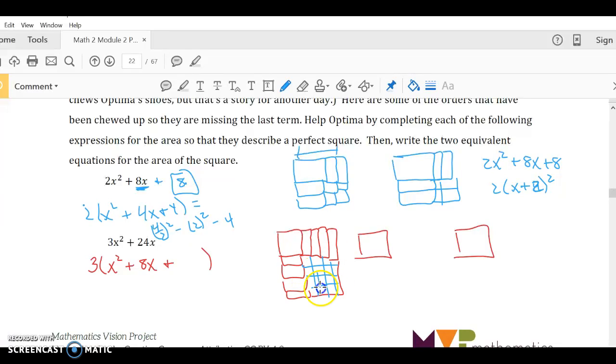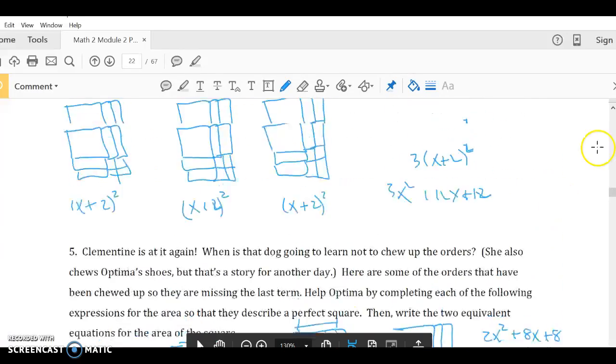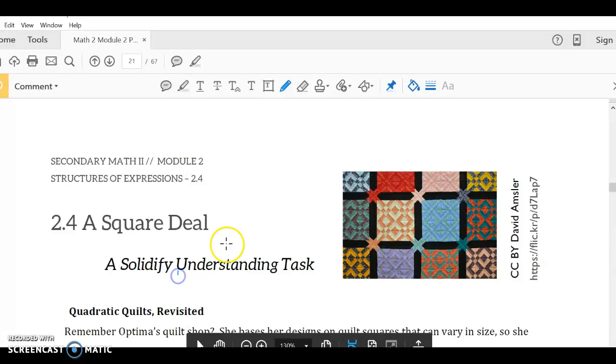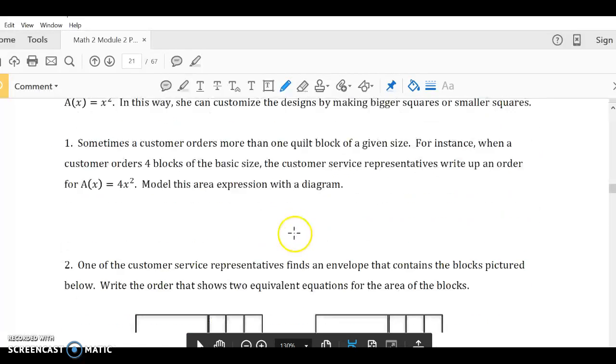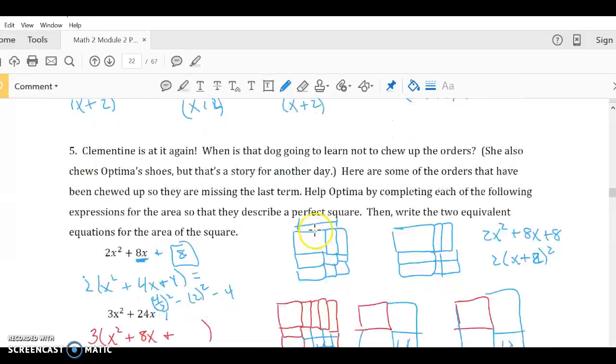How many blocks are in here? 16. So if I go to complete this square, in this section here I have 16. I have 16 here, I have 16 here, and I have 16 here. What do I have to add here? 16 times 3 is 48.